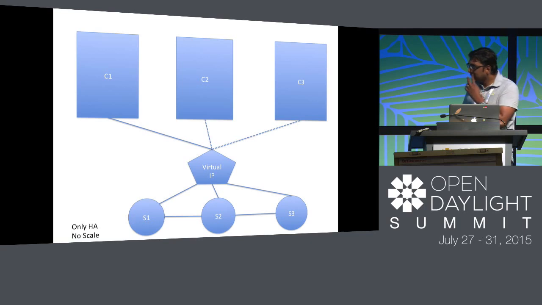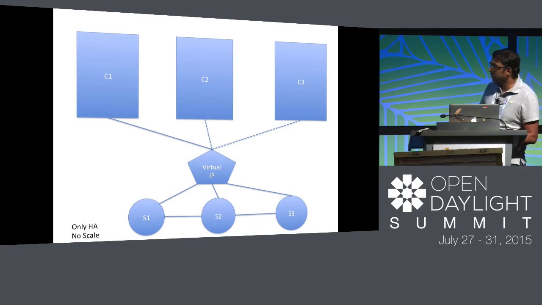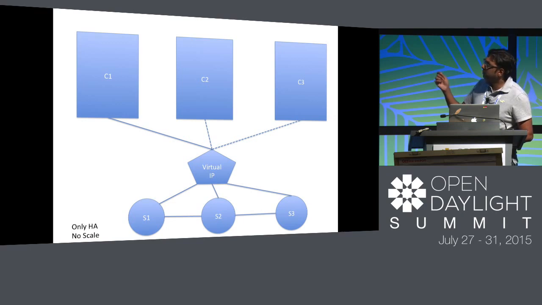Roughly, this is what some people did to achieve HA at least when we didn't have OpenFlow clustering. But there's no scale here. You have a set of switches and a bunch of controllers, and you can have a virtual IP, or VIP, to which you connect to one of the controllers.